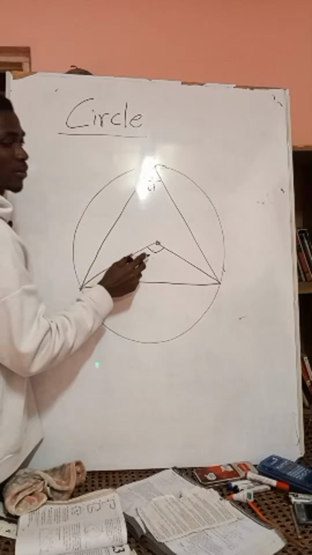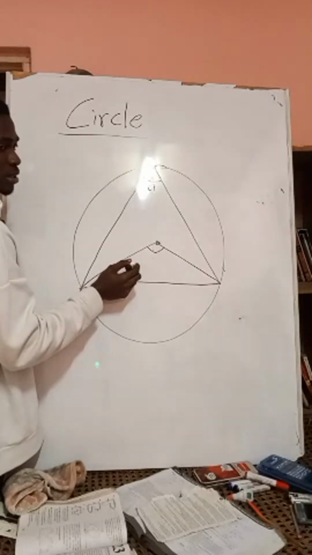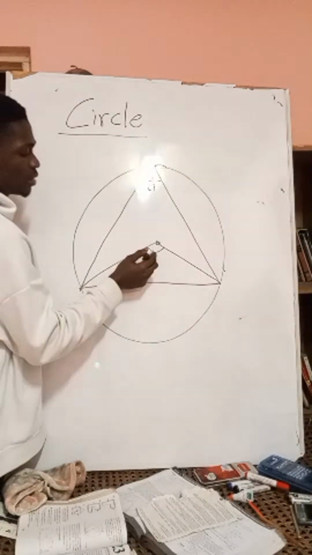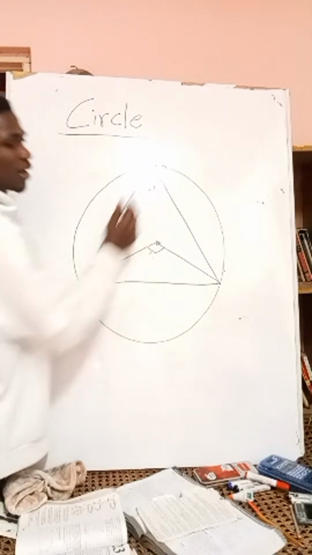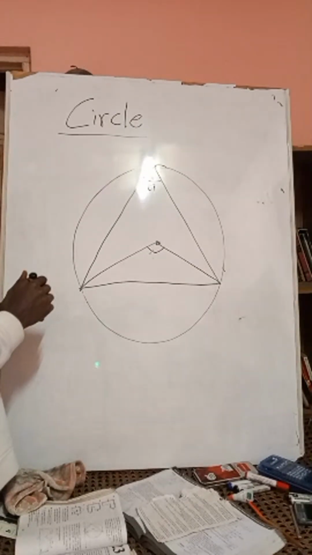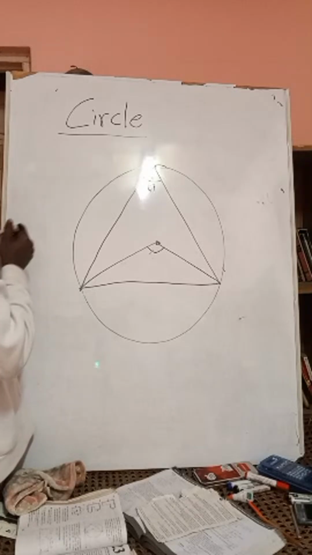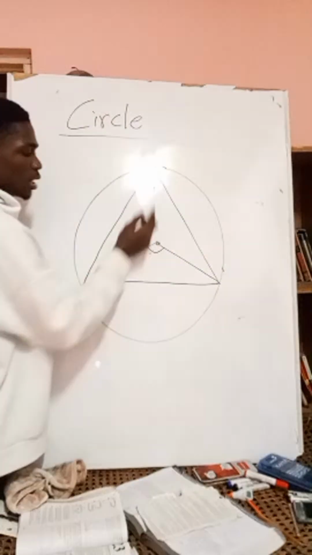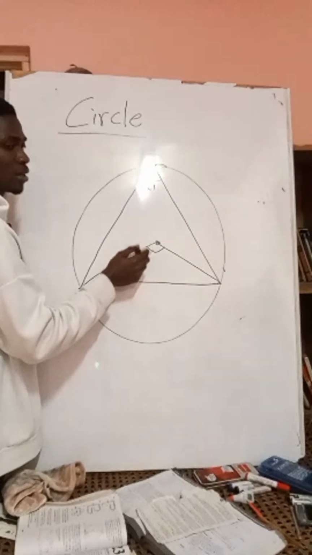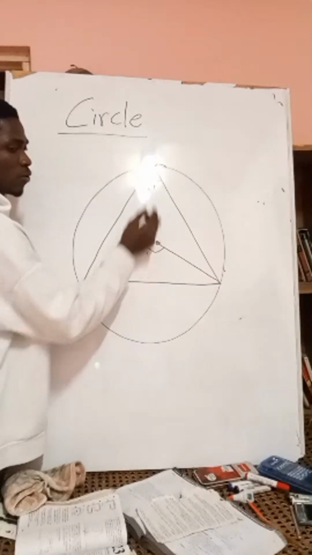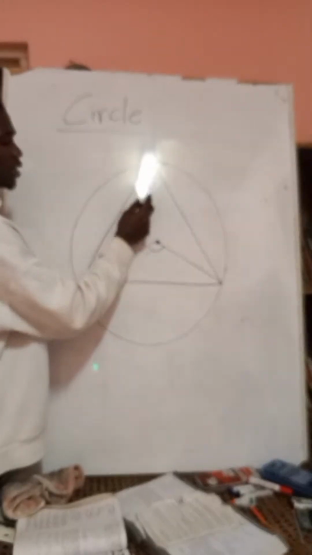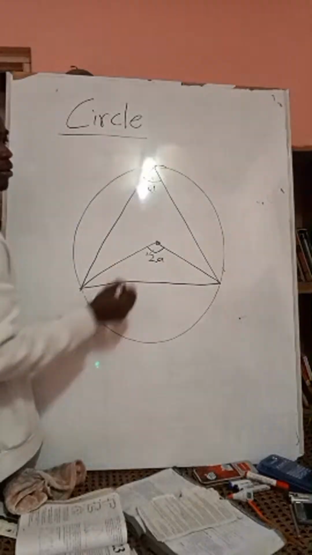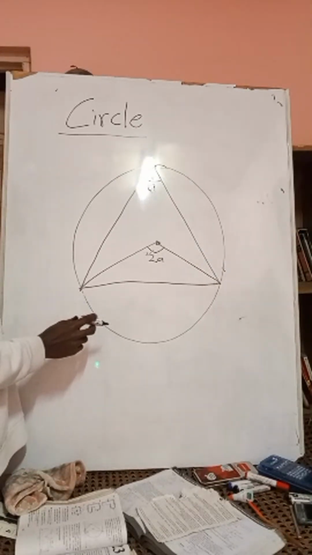In other words, the angle here will be 2 times of this angle. Is it clear? So the angle here is half of this angle, and the other angle here is 2 times this angle. So if this is A, here it will be 2A. Do you understand?